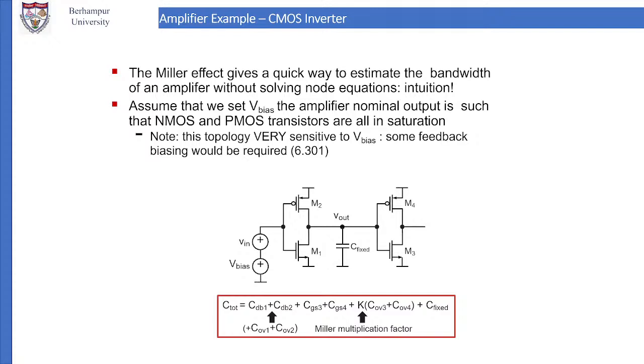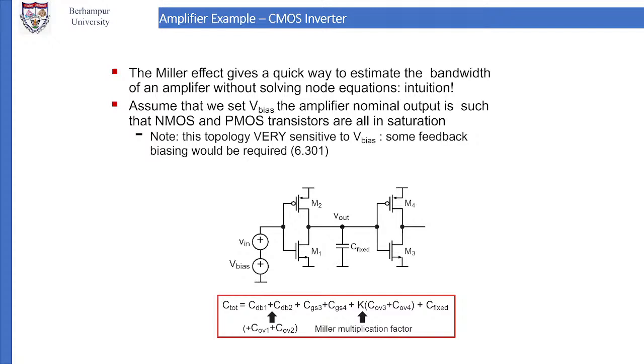Now, here you can see what the total C is. C total is equal to CDB1 plus CDB2 plus CGS3 plus CGS4. Here DB1, DB2 are for amplifier 1 and amplifier 2, and GS3, GS4 are for amplifier 3 and amplifier 4.